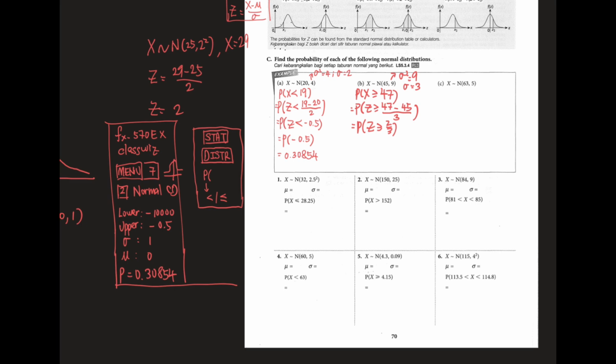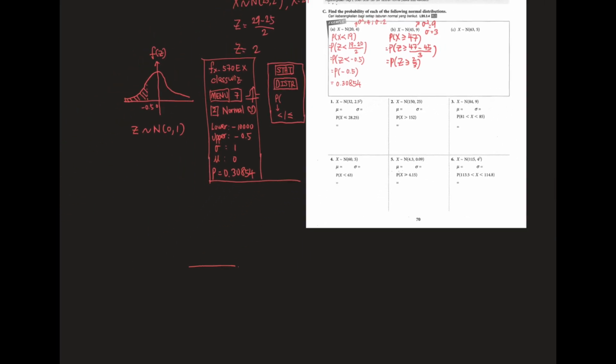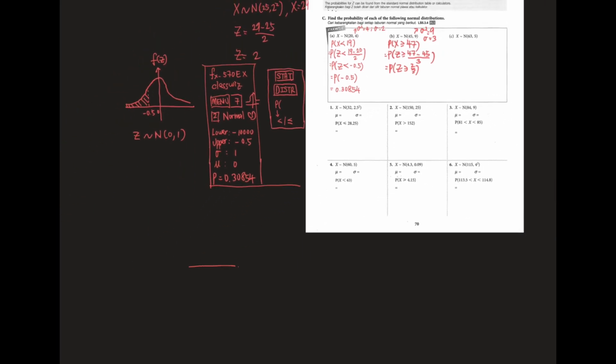You see the graph. Imagine f(z) versus z. 0 is in the middle, and 2 over 3 is just somewhere on the right of 0. More than or equal to 2 over 3 is the shaded region on the right.